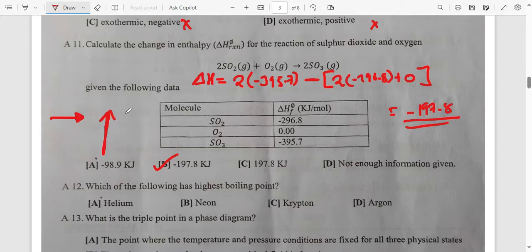So there's a decrease as we go down. So the one that is going to be smallest is going to be helium. And then as you go down, the highest is going to be argon at the bottom. If you check in the periodic table, boiling point increases as you go down. Okay. So which of these has the highest boiling point?